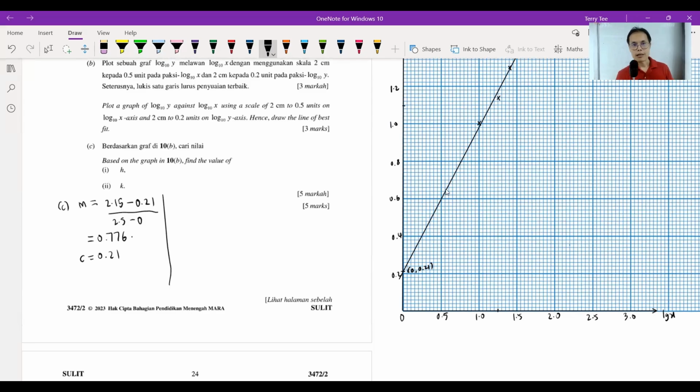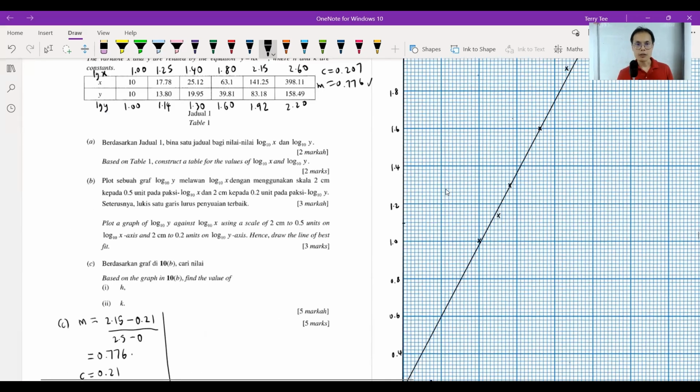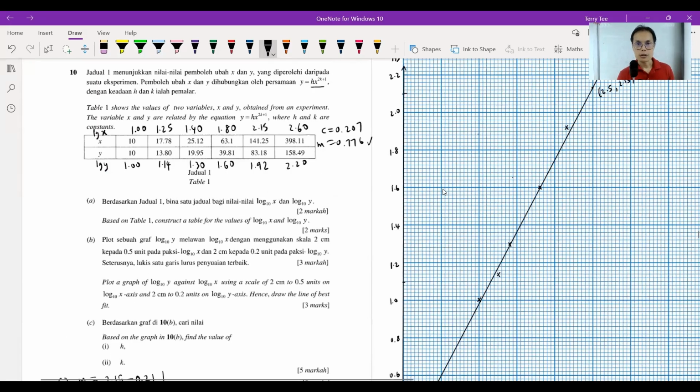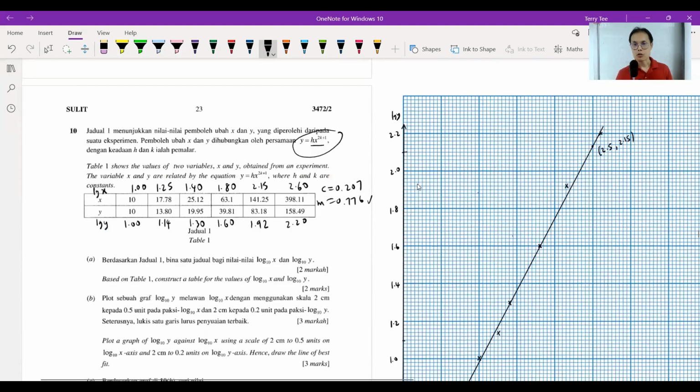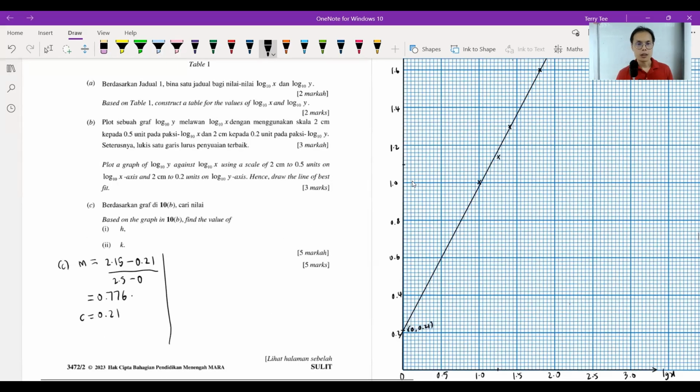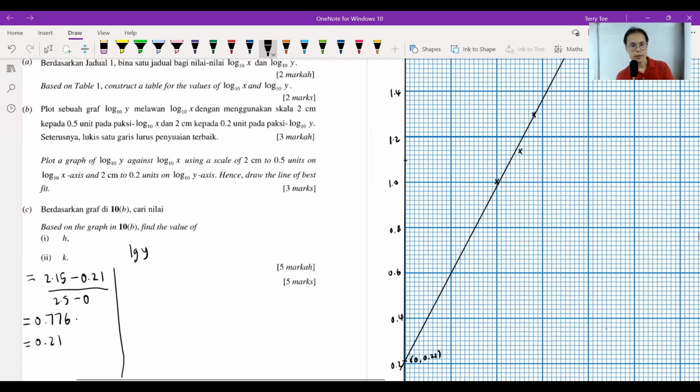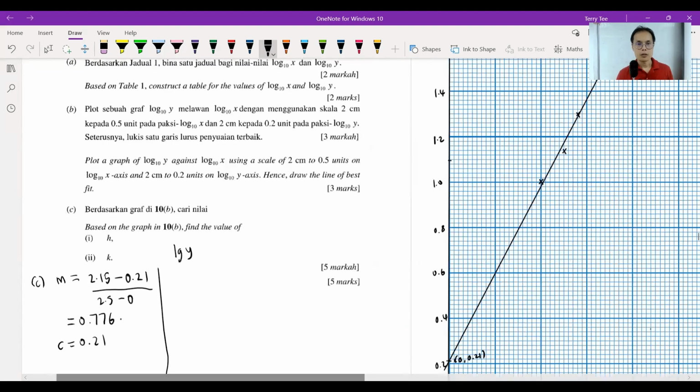In order to calculate the value of h and k, we need to convert this equation to linear form. How do you do that? We introduce log. There's a y equals h x power 2k plus 1. So I'm going to introduce logarithm: lg y equals lg of h x power 2k plus 1. Break it up into lg h plus lg x power 2k plus 1.